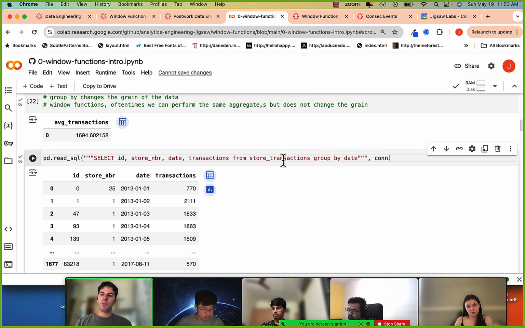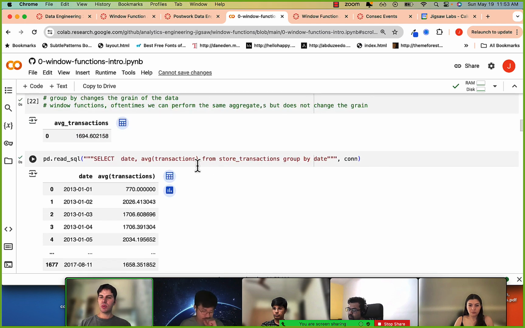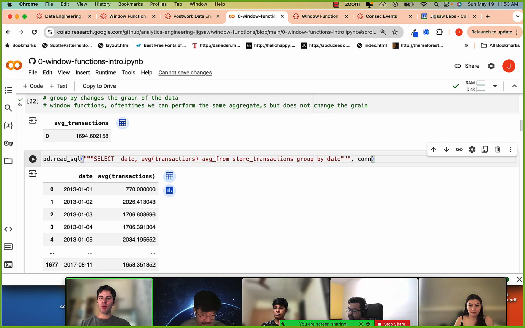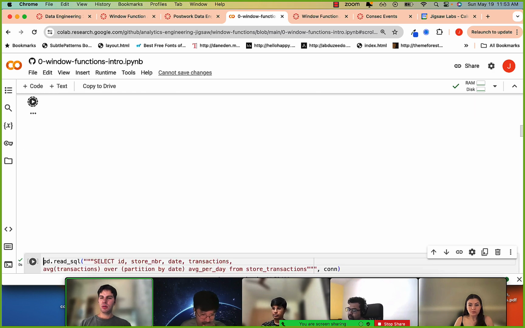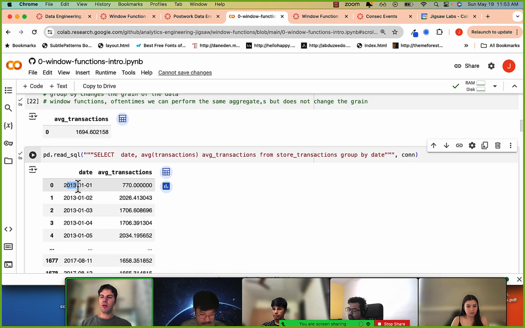If I do a group by on the date and then average transactions, I apologize. Okay, so we just changed the grain of the data, because we did a group by. So now we have for each day, the average number of transactions.